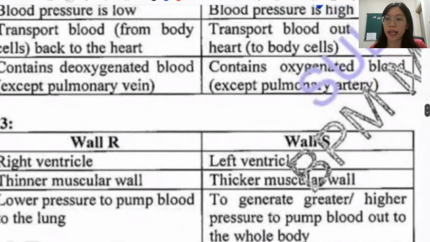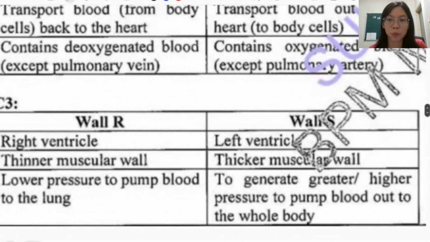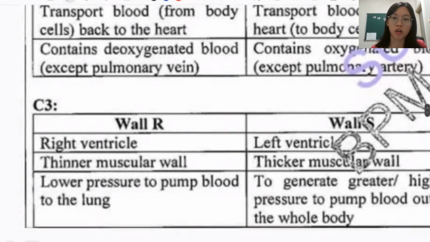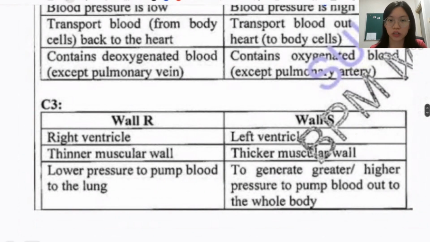And that's the reason why you can generate greater pressure to pump blood out to the whole body, because the blood has to travel a greater distance, which has a greater resistance. So you need a greater pressure to pump more blood out to the whole body. And oppositely for the right ventricle, thinner muscular wall, lower pressure to pump blood just to the lungs only.